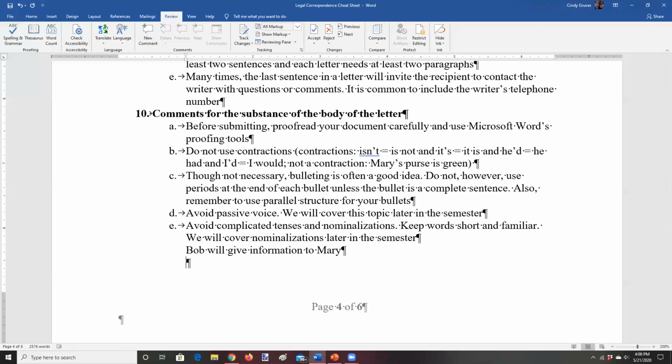This is nominalization. Information is a nominalized noun. We could say instead, Bob will inform Mary. Or even probably better, Bob will tell Mary. You can see that this is a much shorter sentence and it's a much more vigorous, interesting, action-oriented sentence.